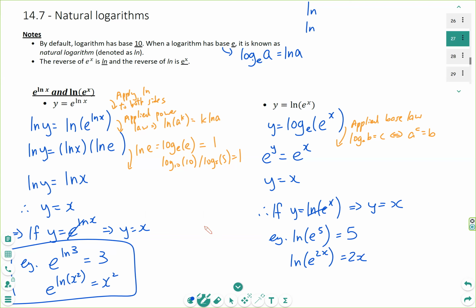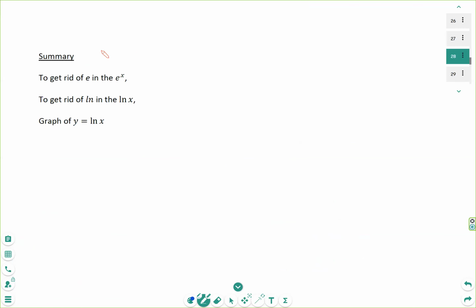Rule of thumb: if you have e first, e as a base, then you cancel ln that way. If you have ln first, you must cancel ln and e that way. I'll show you a bit more example later, but this is how the algebra works between ln and e, which you'll use very frequently.